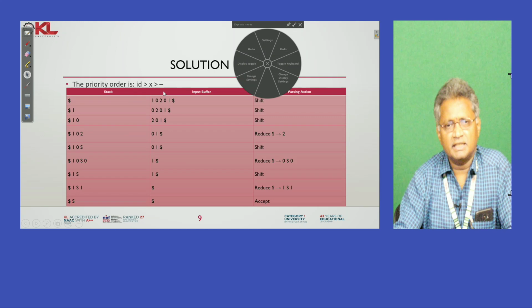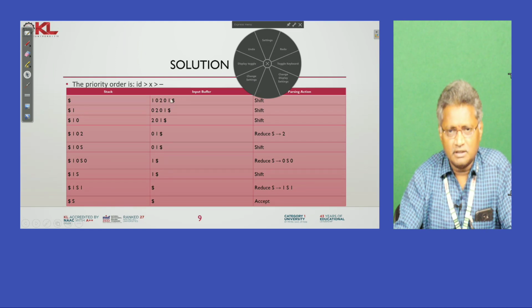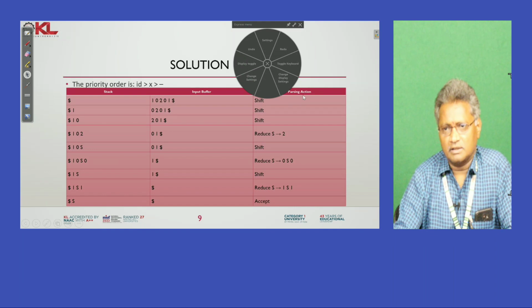Initially the stack contains the dollar symbol by default, and the input buffer contains the string w, 1 0 2 0 1, followed by the dollar symbol by default.